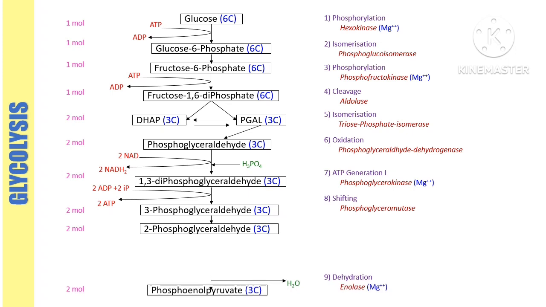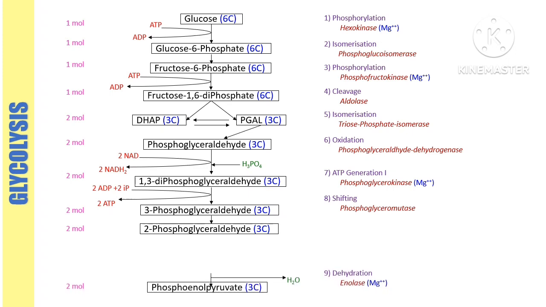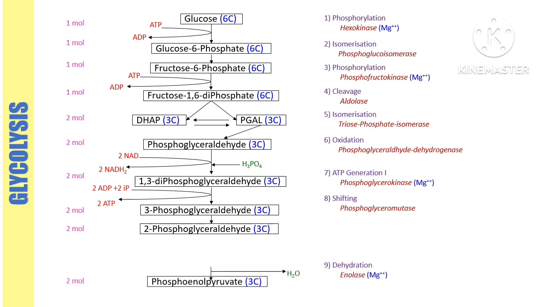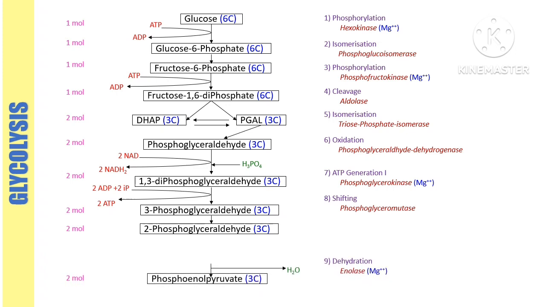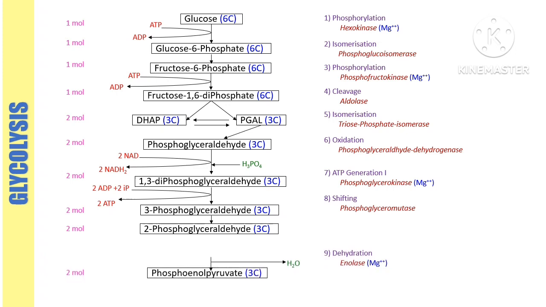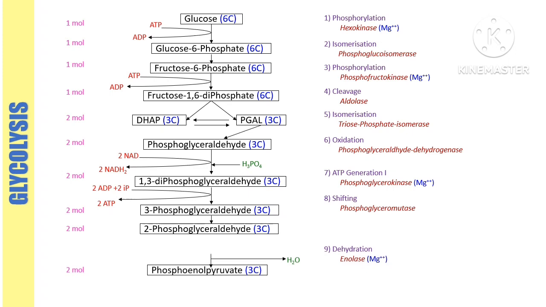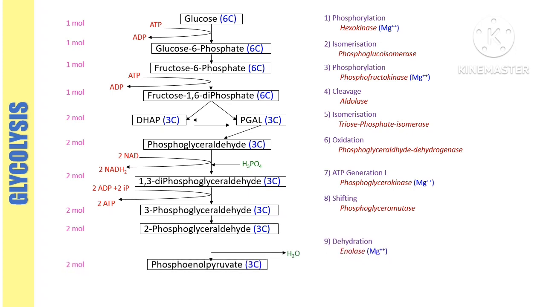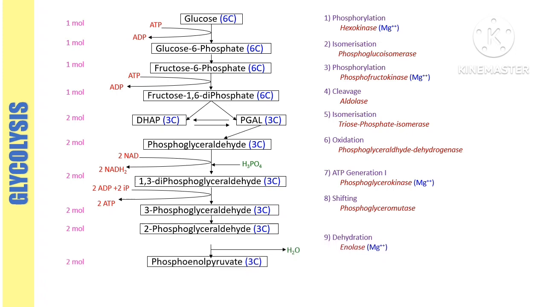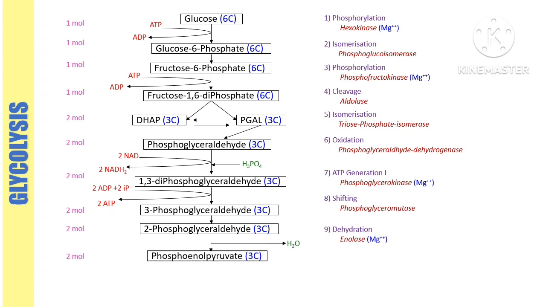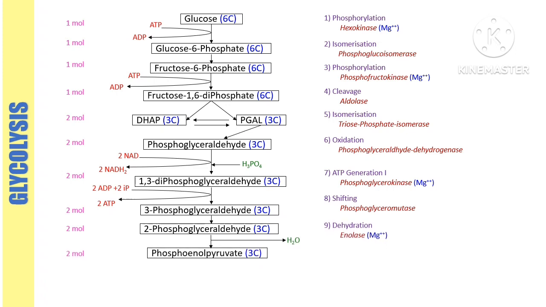After the formation of phosphoenol pyruvate, it readily converts and ATP generation takes place. Here one phosphate is removed from each of the two molecules, and 2 ADP give us 2 ATP molecules, and the phosphoenol pyruvate is converted into pyruvic acid or pyruvate.